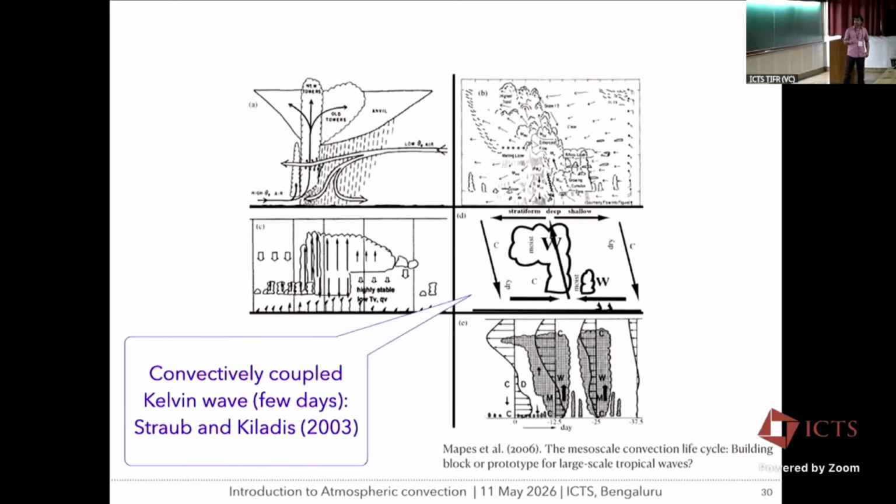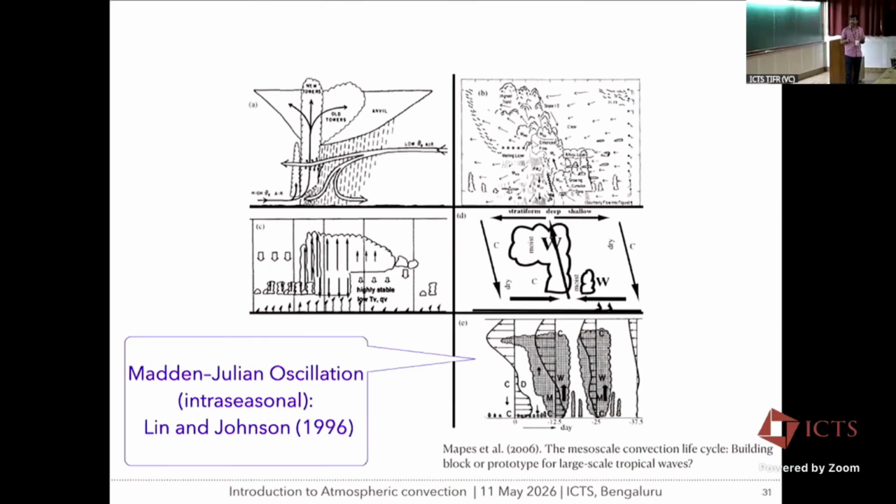And this one is for convectively coupled Kelvin waves. I'm just throwing names and not explaining them because there are people who will definitely explain these things to you in lectures. Yeah, Eric has a lecture today. And then this is the Madden-Julian oscillation from Lin and Johnson, 1996.